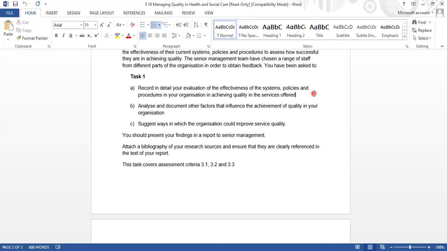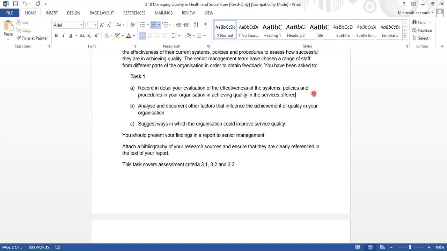So are you keeping some criteria within your policy that you have to recruit these people? I'm giving an example: if you have a policy of CPDs, continuous professional development for your staff members, how does that achieve quality in the services offered?